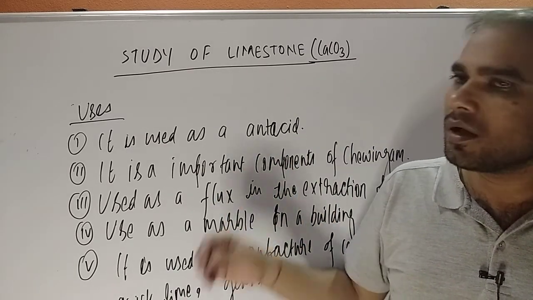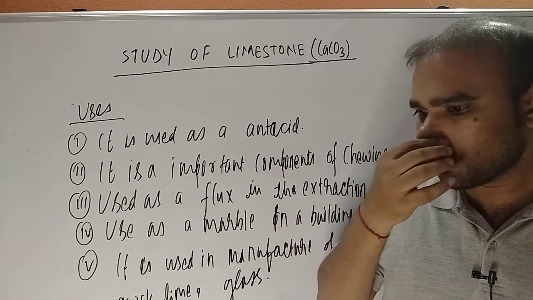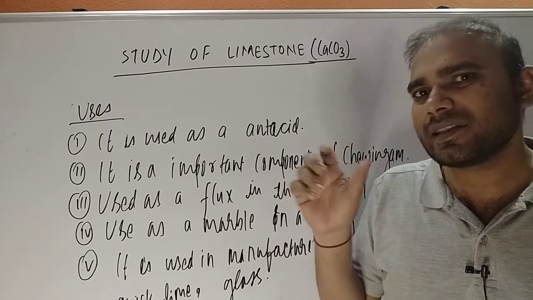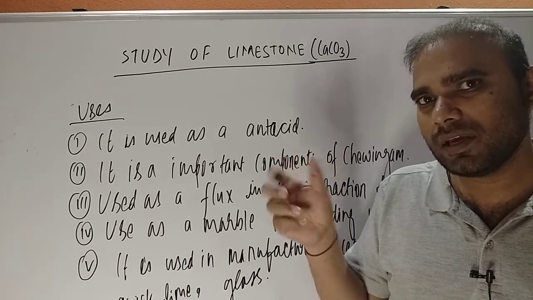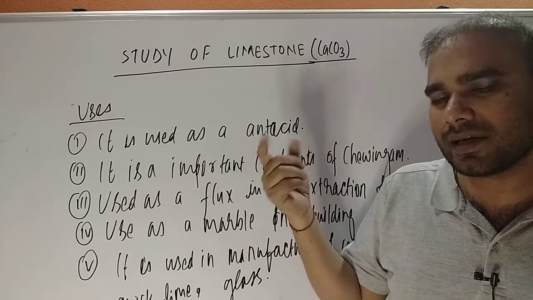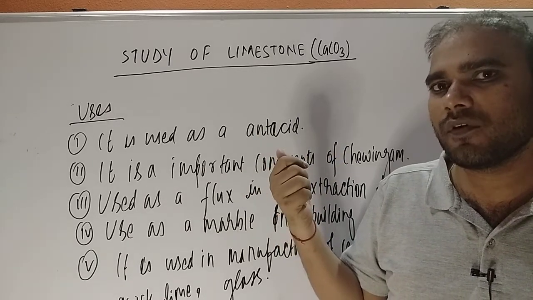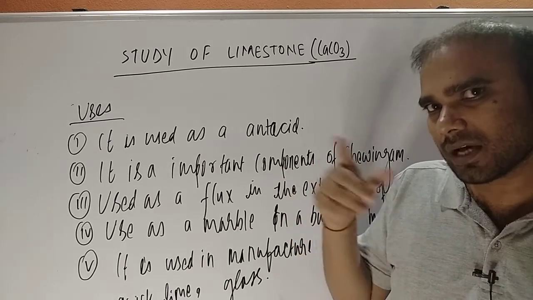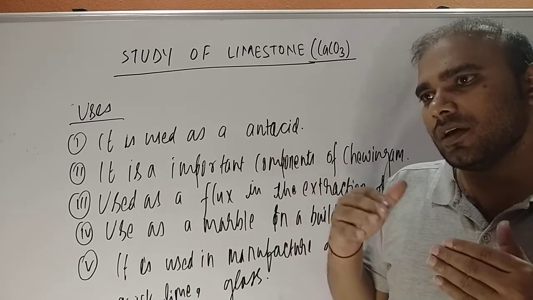Among the chemical properties, the first we saw was action of heat. When we heat calcium carbonate, carbon dioxide gas and quicklime are formed.